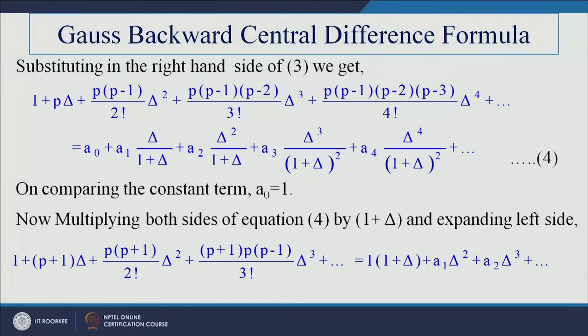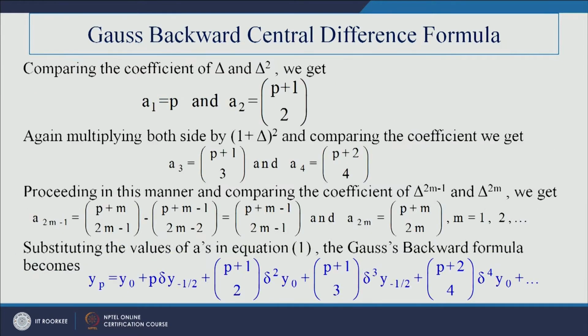Since 1 into 1 plus delta on the right hand side and the left hand side can cancel out, we obtain a1 as p and a2 equals a permutation of p plus 1, 2 there.